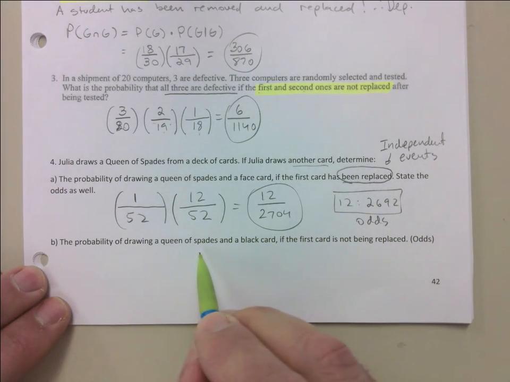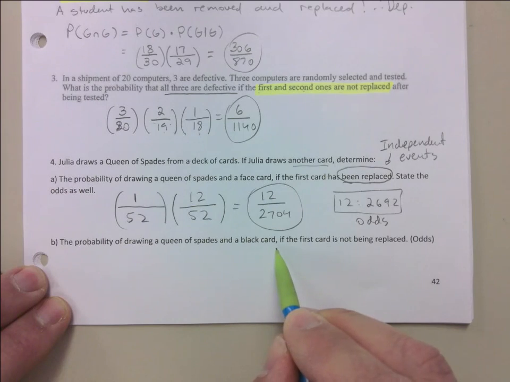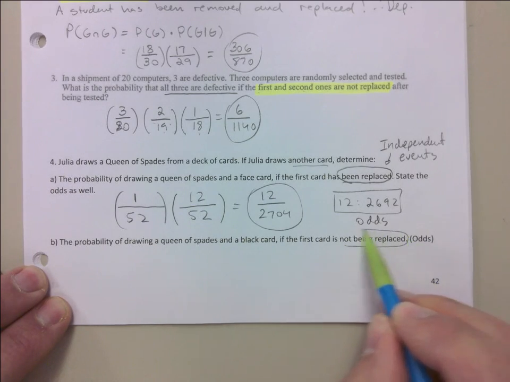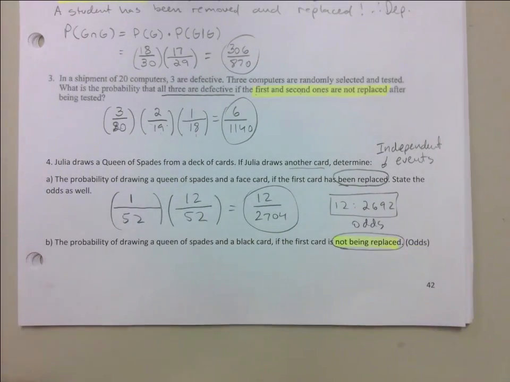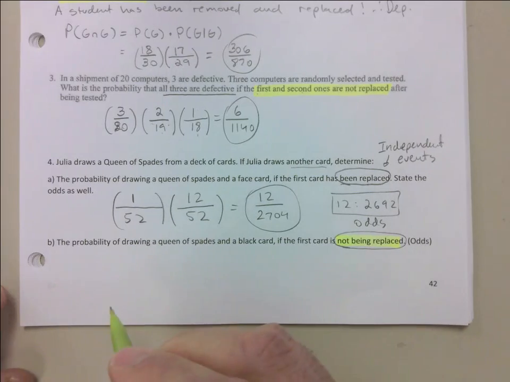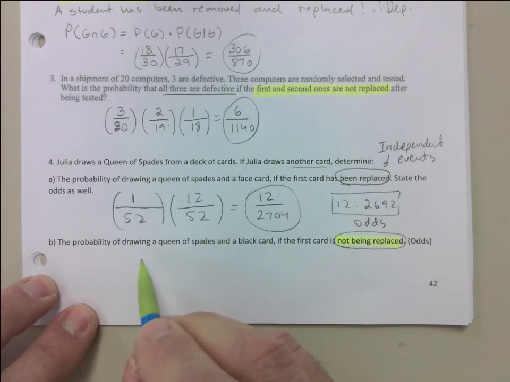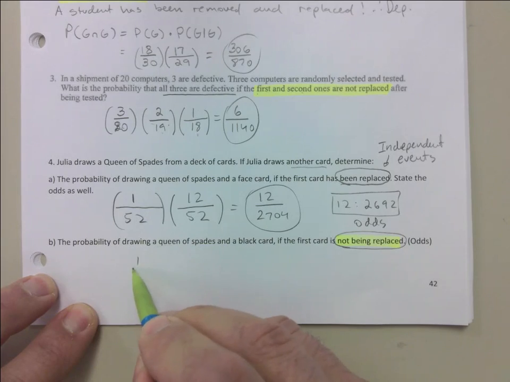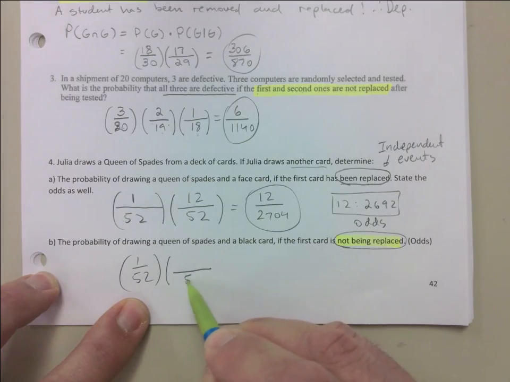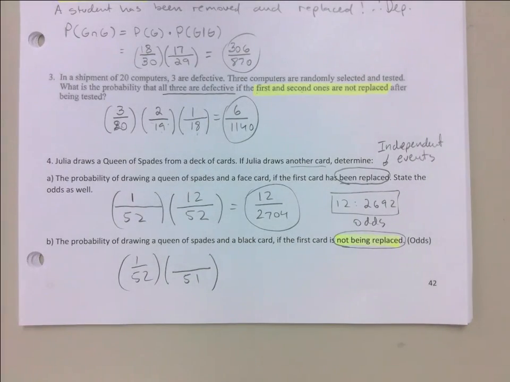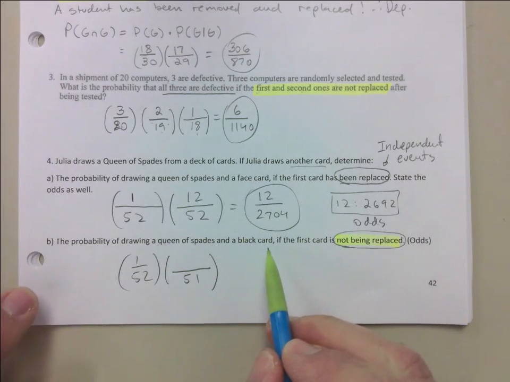The probability of drawing a Queen of Spades and a black card if the first card is not being replaced. Dependent, right? I think you're going to have dreams of that after this. Dependent events, I can't handle it. So drawing a Queen of Spades, there's only 1 over 52. And because you're not replacing, you're definitely down to 51. And a black card.